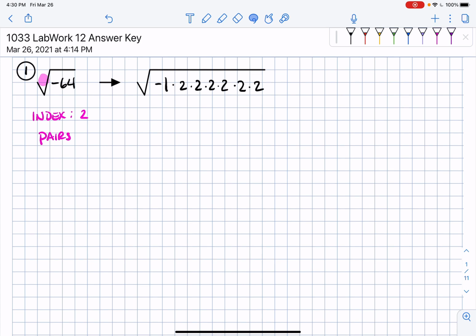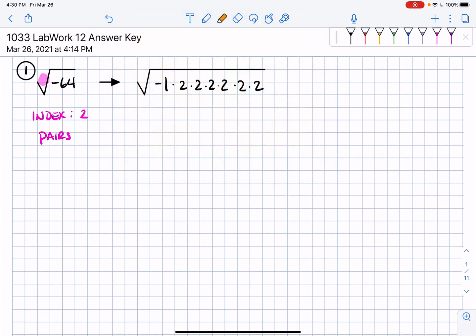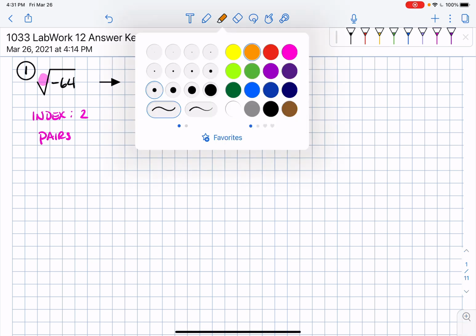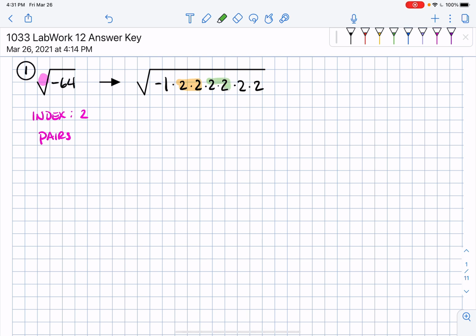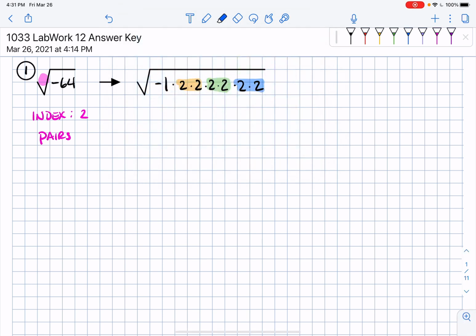All right. So with that being said, let's take a look. I have a pair of 2's here. I have a pair of 2's here. And I have a pair of 2's here. Right?